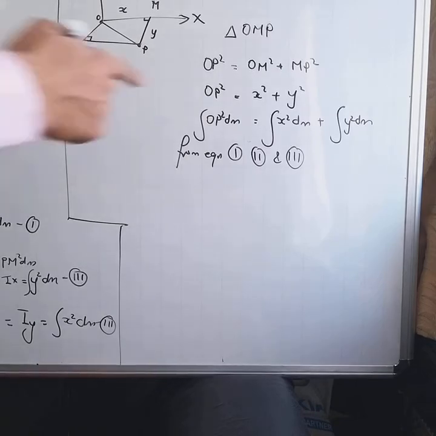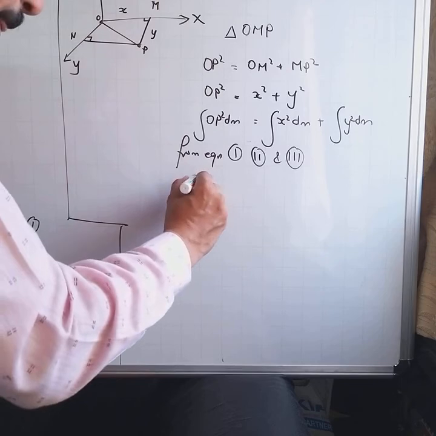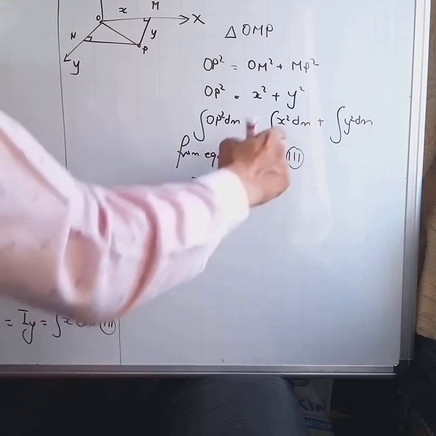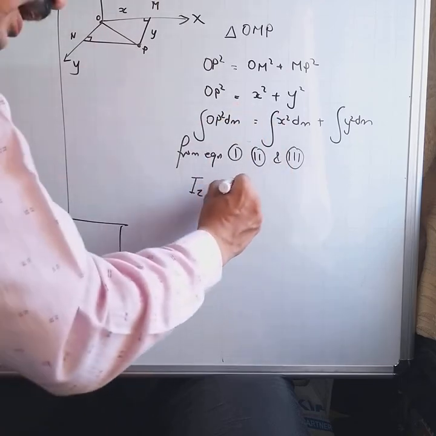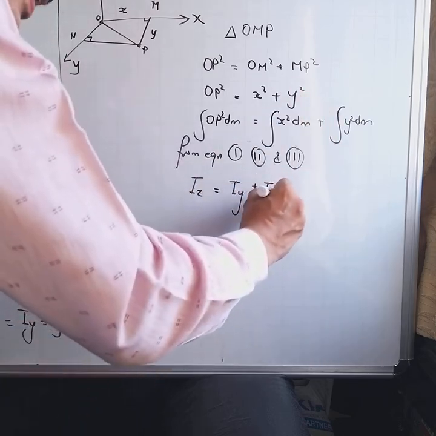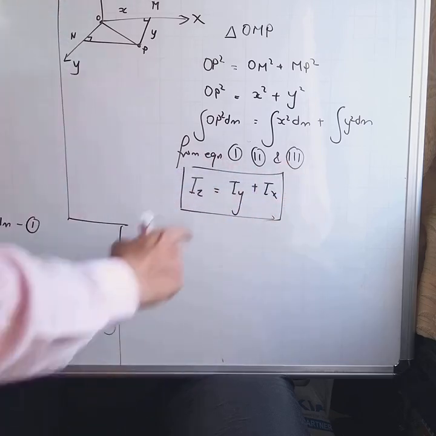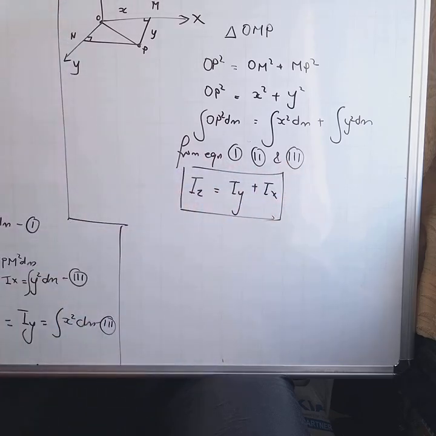We substitute the values in this expression. What I get is OP square dm is Iz, the integration of x square dm is Iy and the integration of y square dm is Ix. So finally we get this expression, Iz equal to Iy plus Ix, which is nothing but our perpendicular axis theorem.